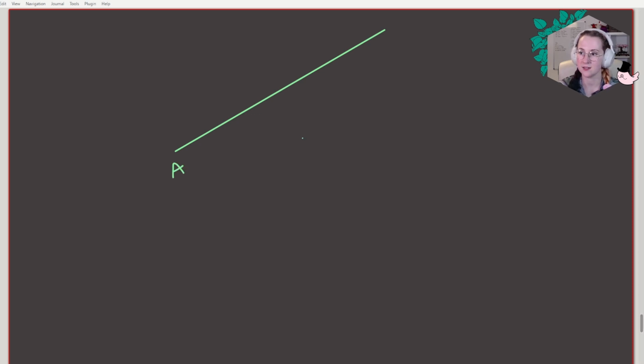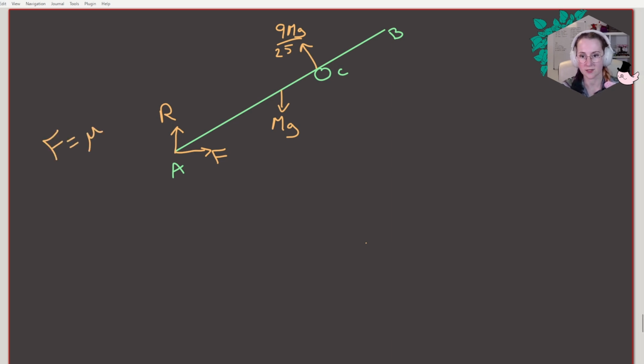So we have A, some point that's C, and B. We have our forces, so now we know that this is 9mg over 25. This is mg. That's still some reaction force we don't know, and now we have our friction. Things to note is the friction force is the coefficient of friction times the reaction force, the normal force.